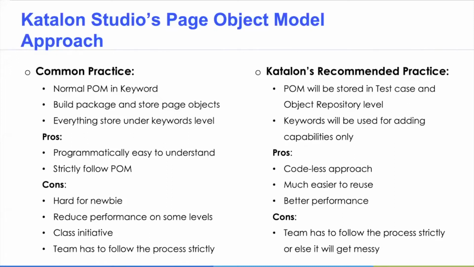The second thing is that it reduces performance on some level. Calling from the custom keyword level is a little bit slower than calling it using test cases, and I will try to make this clear after this part. Another obvious thing is the class initiation, what I mean by the new keyword if you are familiar with Java.